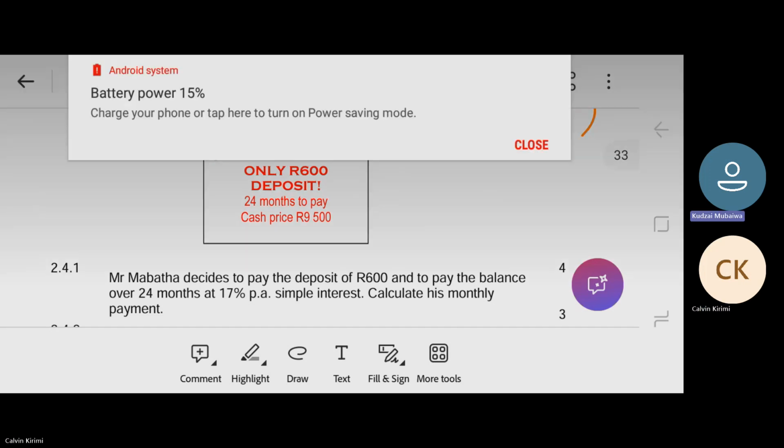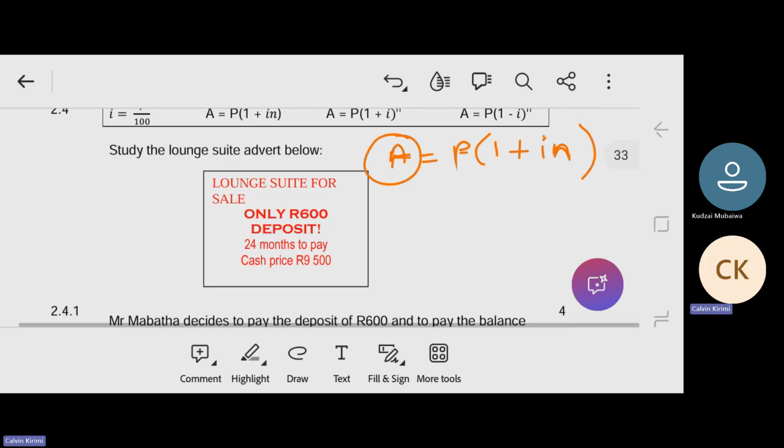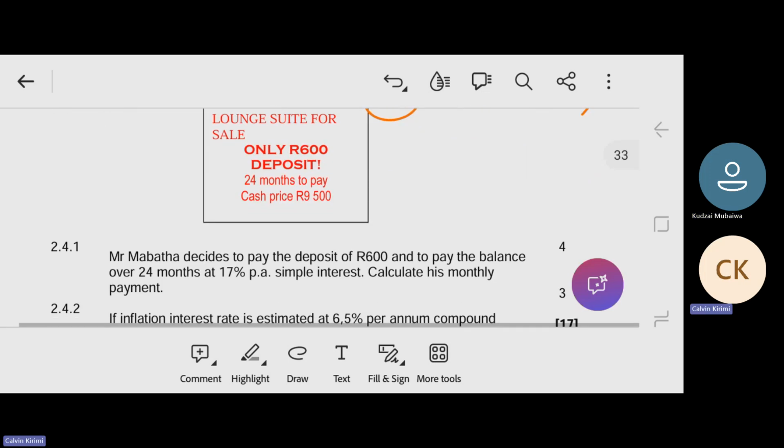Are you there? Yes, sir. All right. So we are saying A is equal to P bracket 1 plus i. So the principal we are saying is what? You pay a deposit of 600 and pay the balance over 24 months at 17% simple interest.